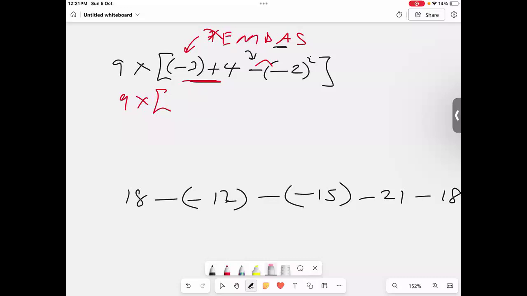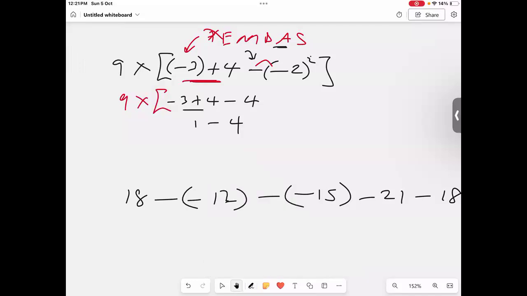If I had written minus 3 plus 4 and then worked out negative 2 squared, I would have gotten 4 here. Then still, I would have to add before I subtract. So I would still say negative 3 plus 4 is 1, take away 4. What we say in Jamaica is that six of one, half a dozen of the other is the same thing. You're going to still get the correct answer.